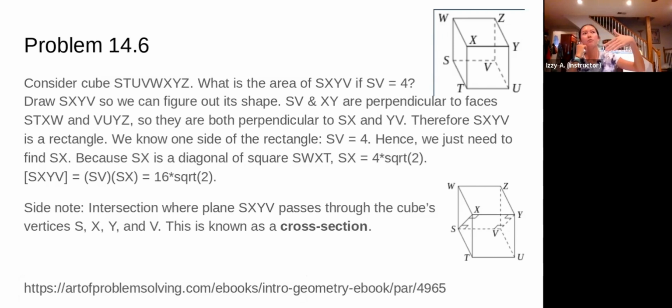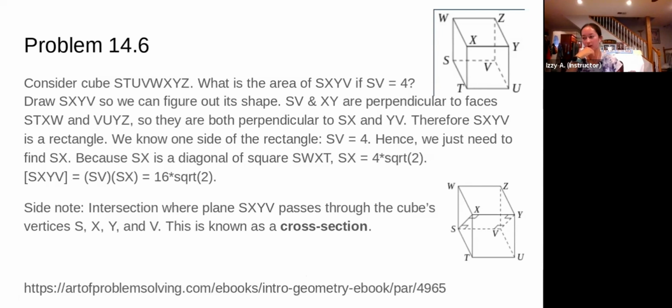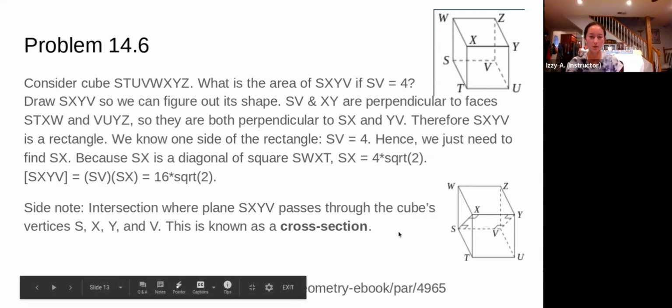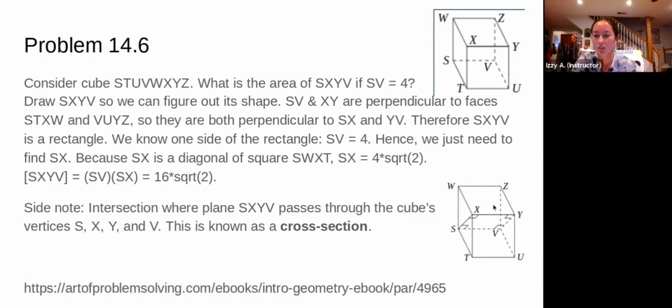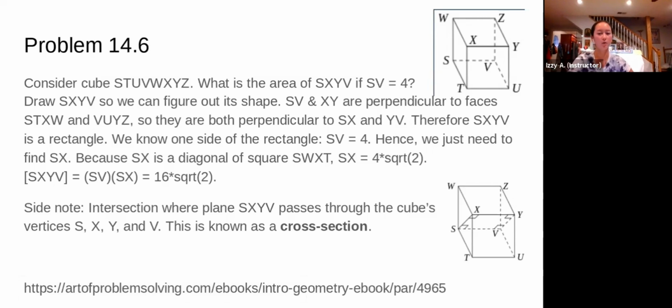You can cut it in half horizontally, vertically, or diagonally as shown in this 3D figure. There are different ways to cut a 3D figure, but in this case, the cross section would be a square. So you can start to keep an eye out for identifying different types of cross sections in different 3D figures because we're going to be dealing with them later.